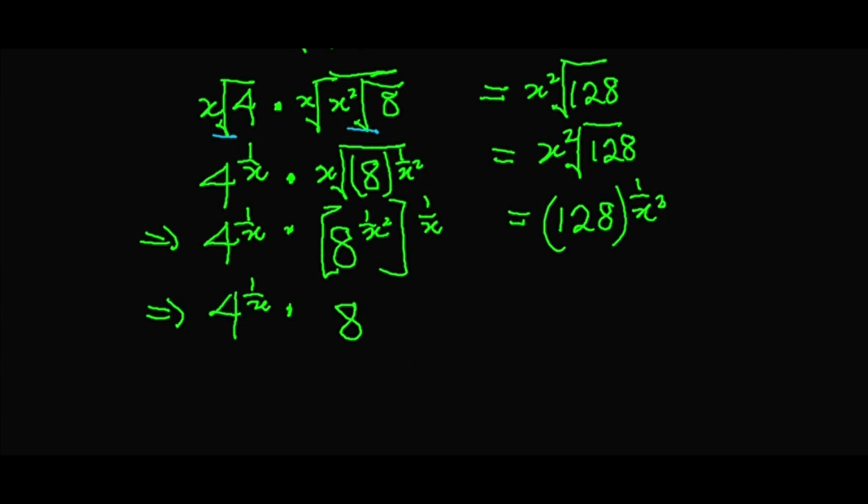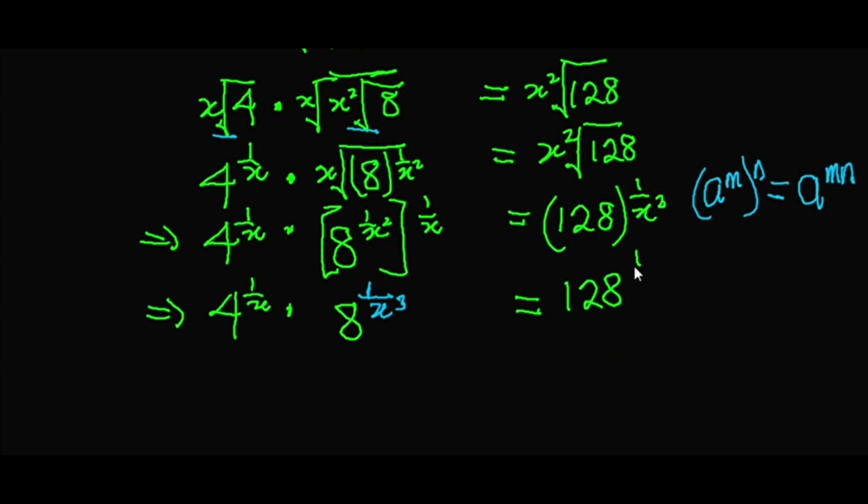Now we apply the indices rule again: if you have a to the power m raised to the power n, we have a to the power m times n. So 1 over x squared times 1 over x gives us 1 over x to the power 3, equals 128 raised to the power 1 over x squared.